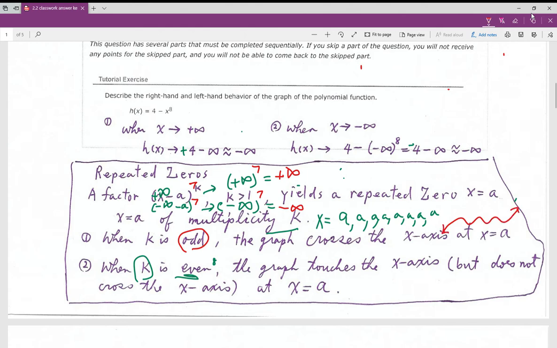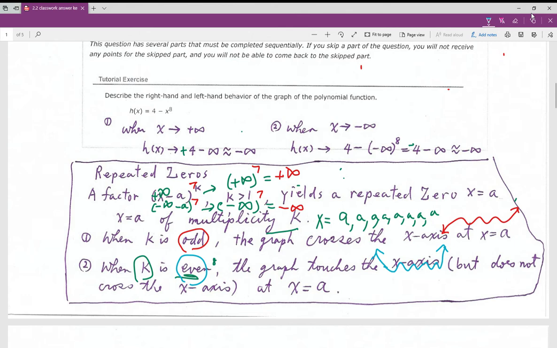Okay, and when k is even, then you change to another color. When k is even, then I have a graph where they both go up. So I go like this, and go up. Okay. So this is number 1.